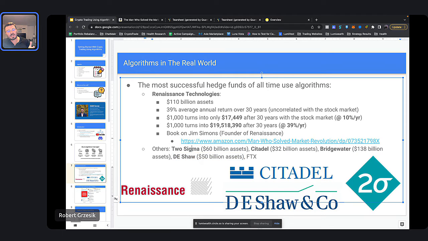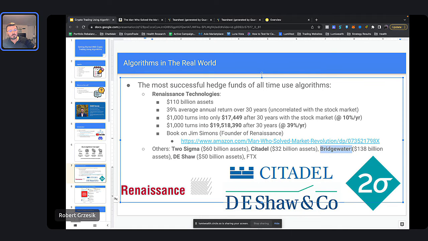But in either case, when you're learning this stuff, when you're learning how to create your own algorithms, when you're learning algorithmic trading, using data to analyze investments, you're in very, very good company. There's a lot of very, very rich people here that have been part of this industry and are still part of this industry. Jim Simons, I think he's worth something like 20 or 30 billion dollars, one of the world's richest people.